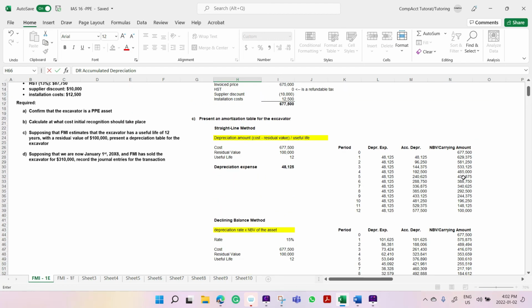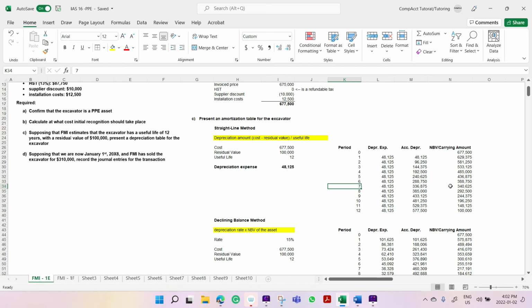So that's where my table comes in handy. I'm going to use the straight line method table. Year one was 2002, then 3, 4, 5, 6, 7, 8. So at the 7th period, I am at January 1st, 2008.